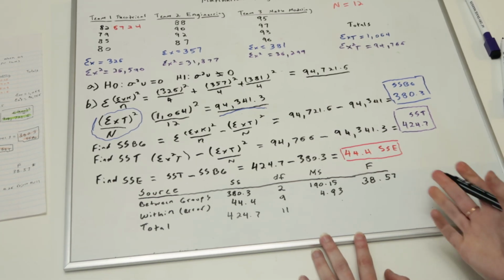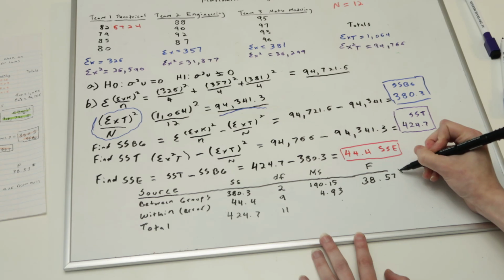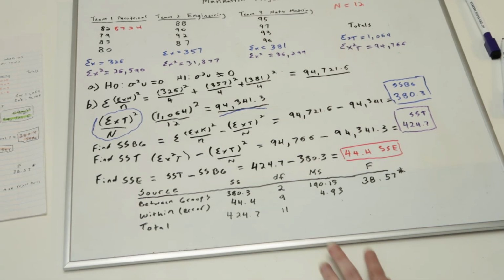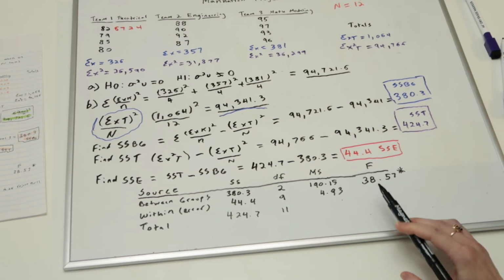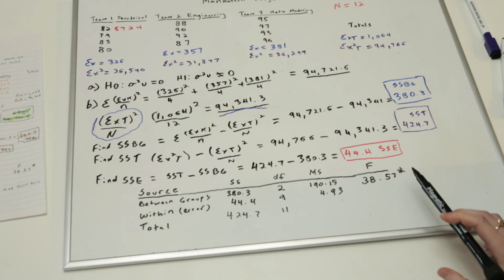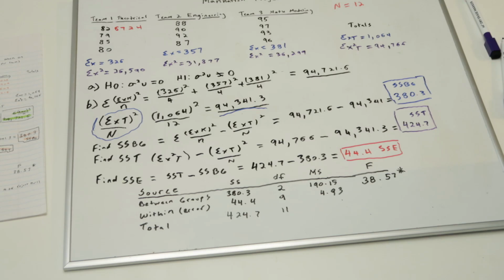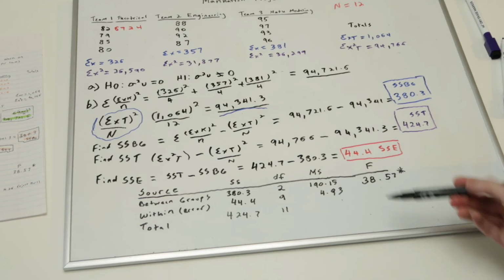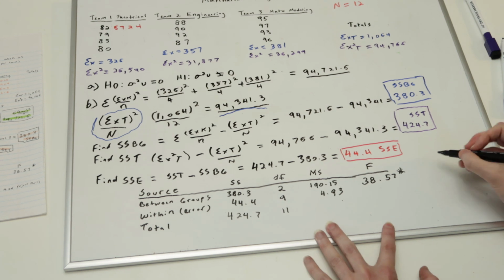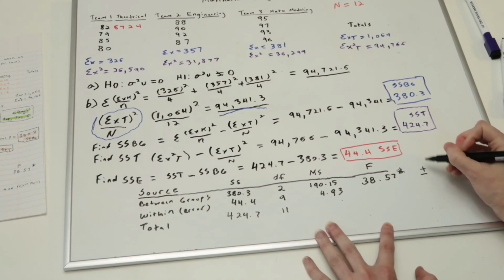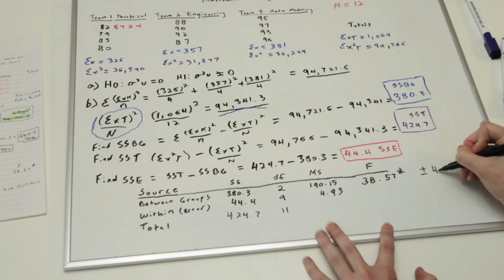I don't even have to look at the distribution of the F table, because this is a very high number. So we can assume that this is significant even without looking at the critical values. The critical value, though, if you did look it up on the table, would be 4.26.